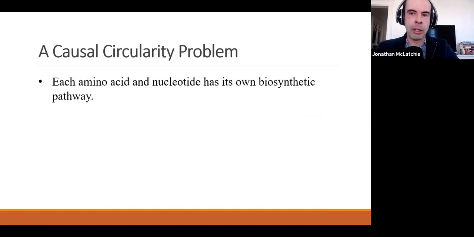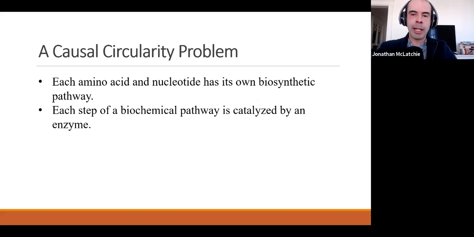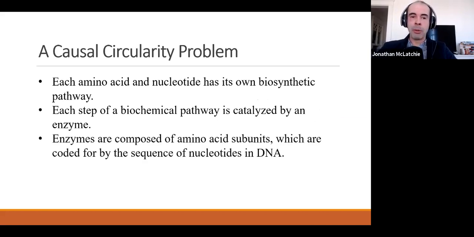So each amino acid and nucleotide has its own biosynthetic pathway. And each step of a biochemical pathway is catalyzed by an enzyme. And enzymes are composed of amino acid subunits, which are coded for by the sequence of nucleotides in the DNA. So this presents a causal circularity problem where the enzymes are themselves made up of amino acids, and yet they are involved in the biosynthetic pathway to production of the amino acids.